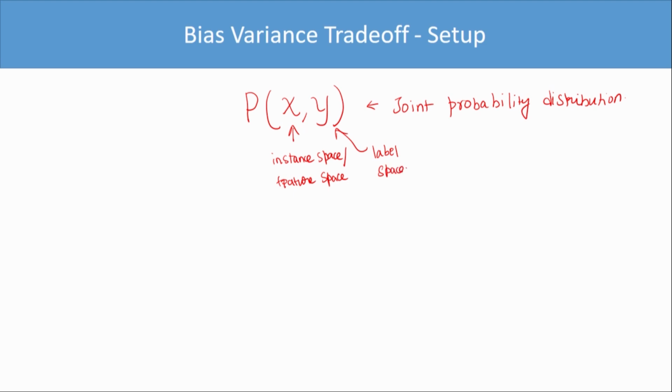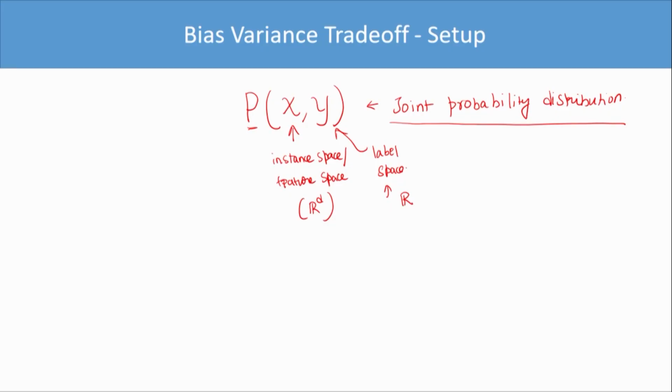In the case of regression that we have been seeing so far, our instance space would be d-dimensional vectors, and our label space would be just the real numbers. So when I say there is a joint probability distribution, it means that there is a chance associated with seeing every point in X and every label being given to X.